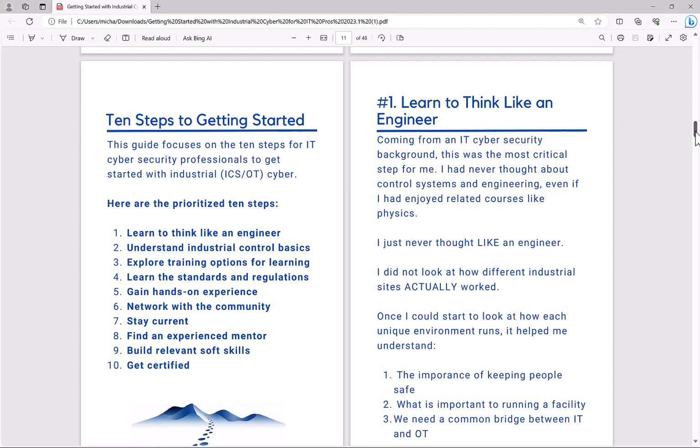Oh, I saw a typo in there. So the idea is sometimes you can meet a lot of resistance going into a control system environment because they just see you as an IT person who doesn't understand engineering and control system principles.